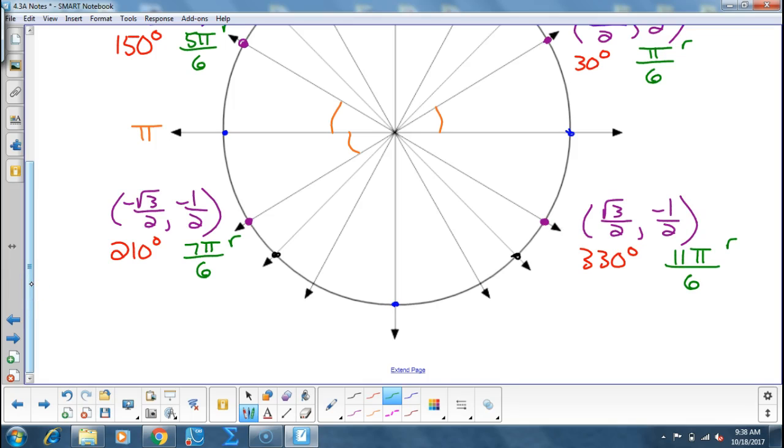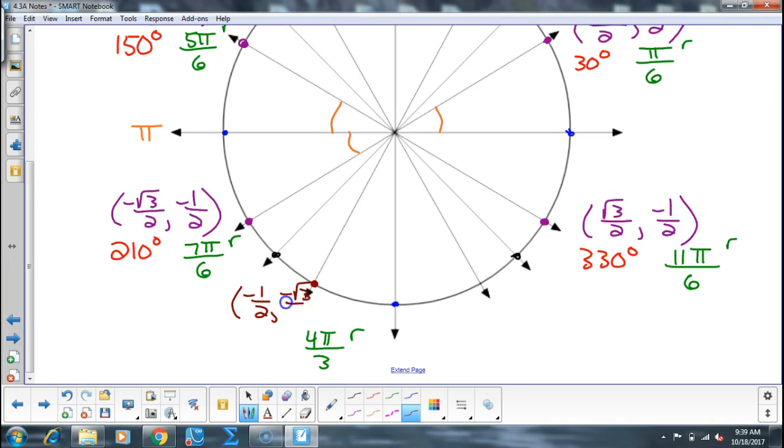Pi plus pi over 3 gets me 3 pi over 3 plus 1 more pi over 3 gets me 4 pi over 3. So this one's going to be at 4 pi over 3 radians. The coordinates of this point are going to be negative 1/2, comma, negative square root of 3 over 2.